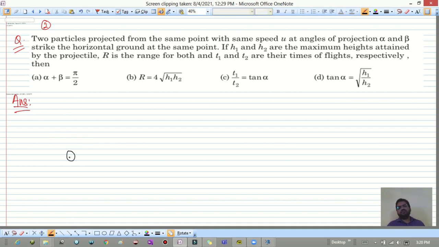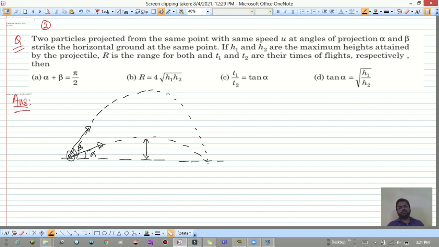So they give one is thrown at some angle, other is thrown at some angle, so that the range is same. Okay, now the range is same.